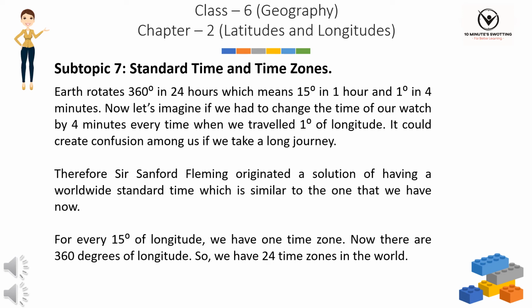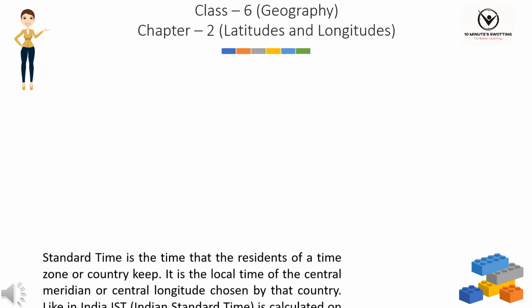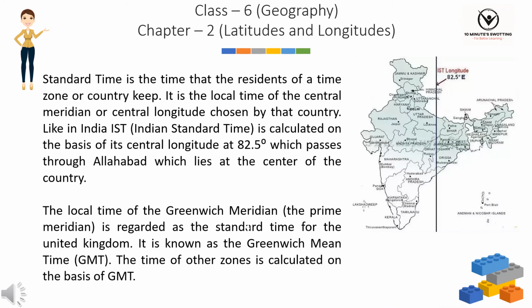Now there are 360 degrees of longitude. So, we have 24 time zones in the world. Standard time is the time that the residents of a time zone or country keep. It is the local time of the central meridian or central longitude chosen by that country.